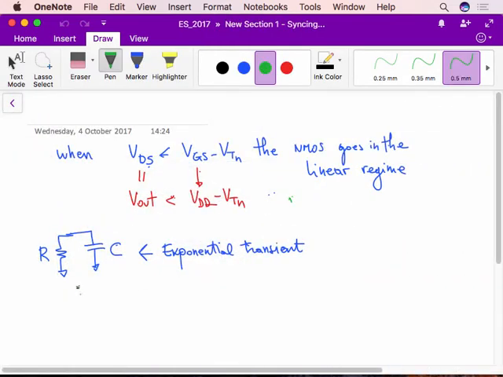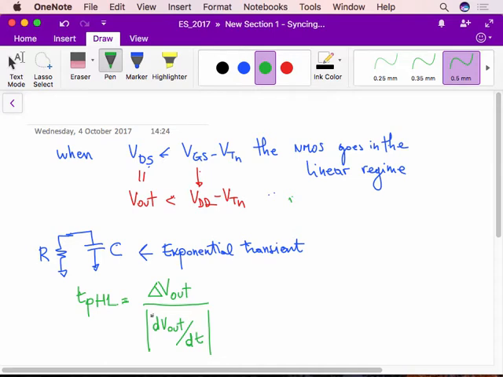We need to write that the propagation delay from high to low is equal to the variation of the output voltage, delta V out, divided by the derivative.